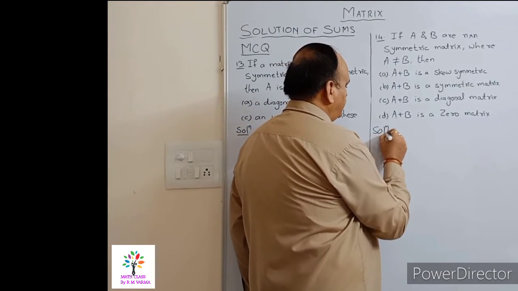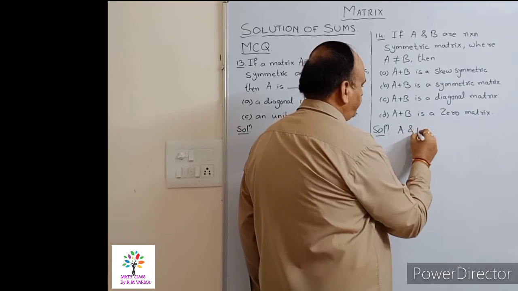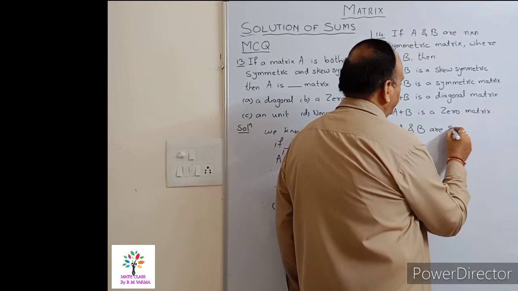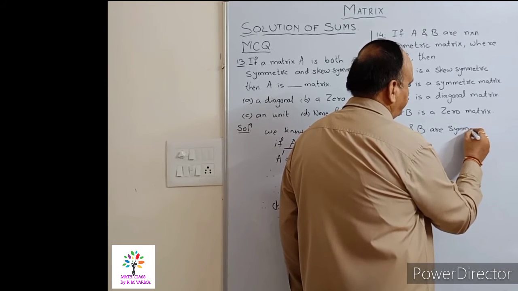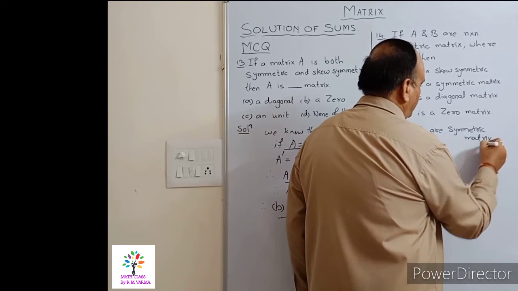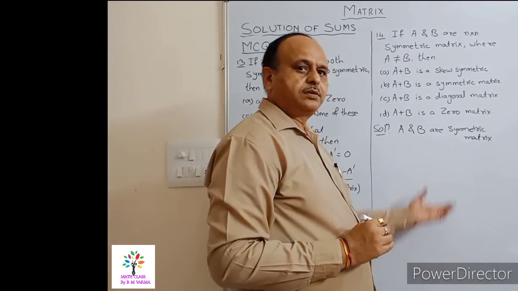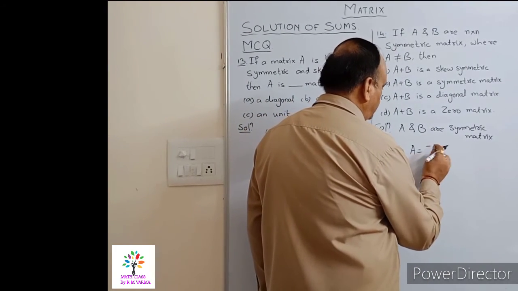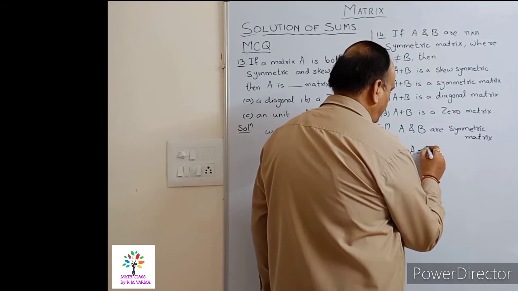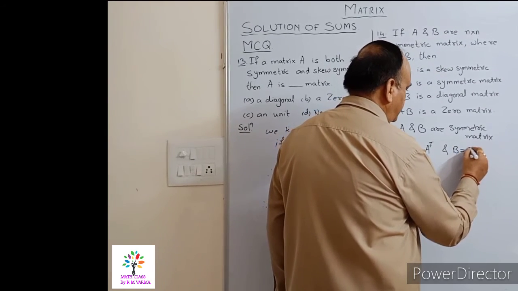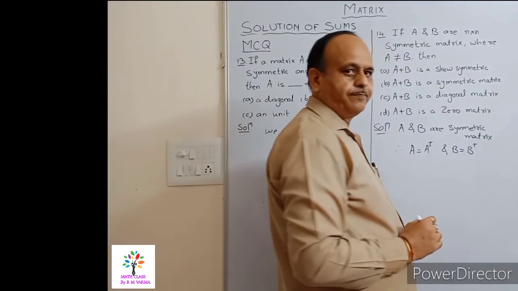A and B are symmetric matrices, right? Therefore, I can write A equals to A transpose and B equals to B transpose.